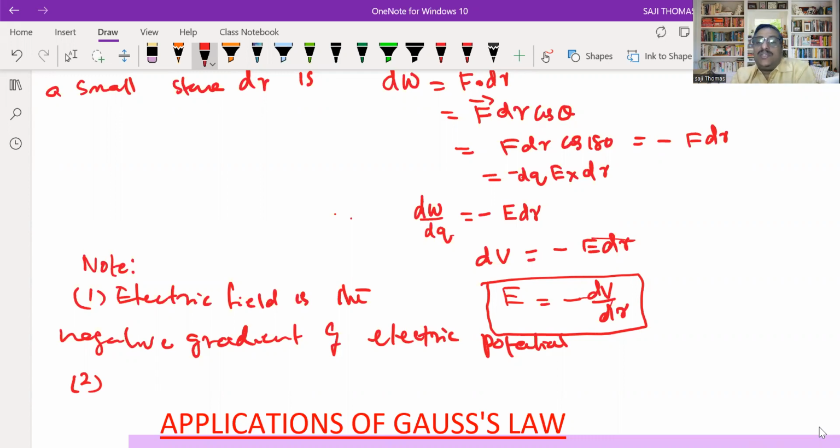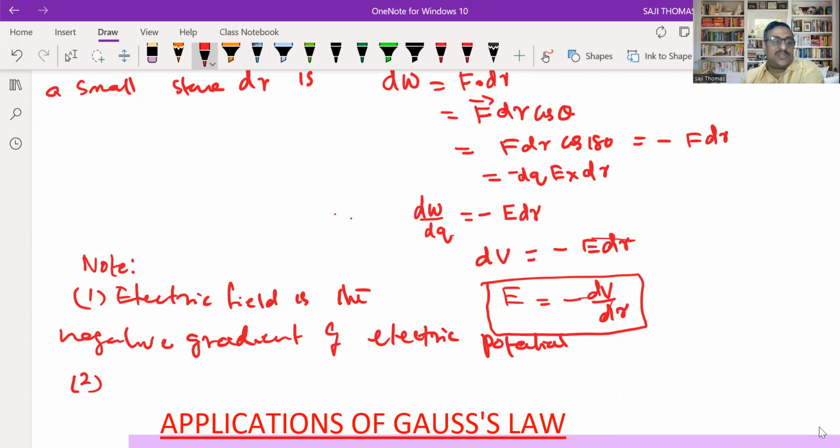This negative sign shows that electric field is in the direction of decreasing potential. If you move in the direction of electric field, potential decreases. That is the meaning.